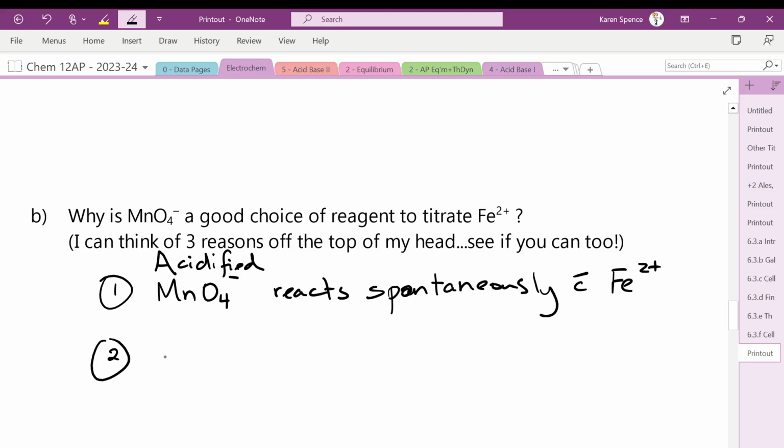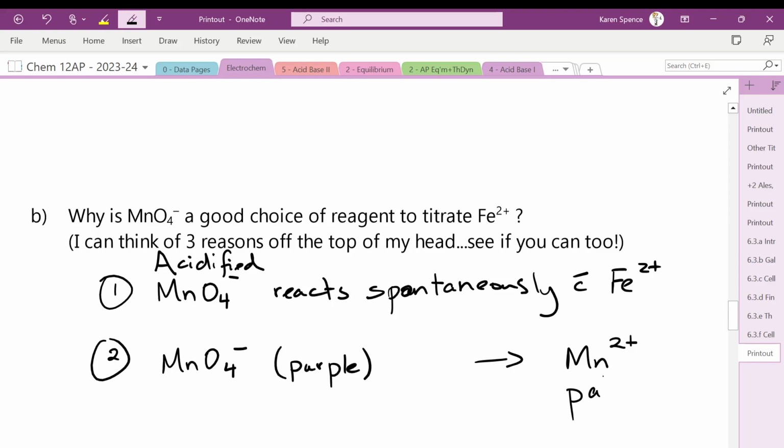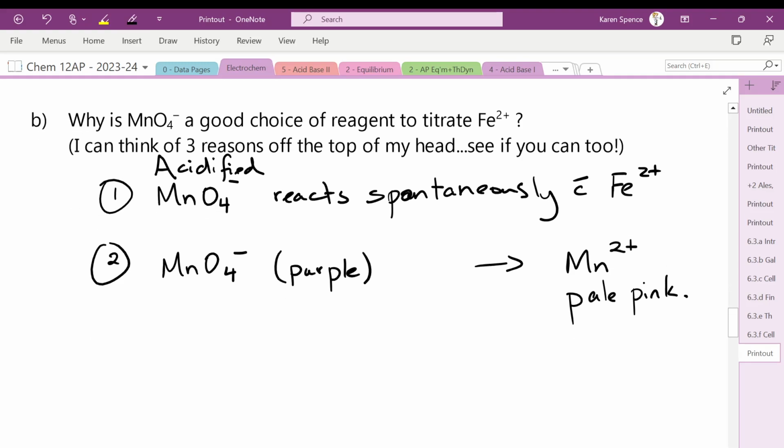And our second reason is that MnO4 minus is purple, whereas its product, Mn2 plus, is pale pink, which means when you get to the end of the reaction, all the purple color will be gone, and all that will be left is the pale pink color. So this is a self-indicator. All the purple color will disappear when the reaction is complete.